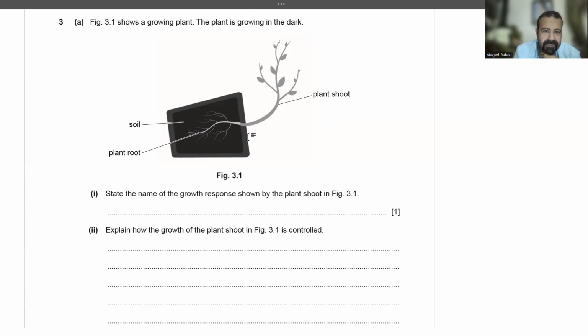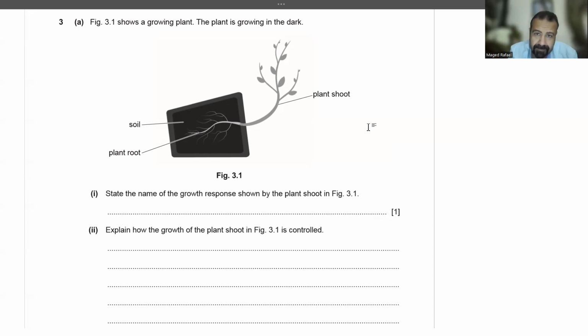I can see some answers. He is the one saying phototropism. At the beginning, this is a plant growing in the dark, so the shoot here is going away from the gravity, so there is a gravitropism on the shoot, Dan.